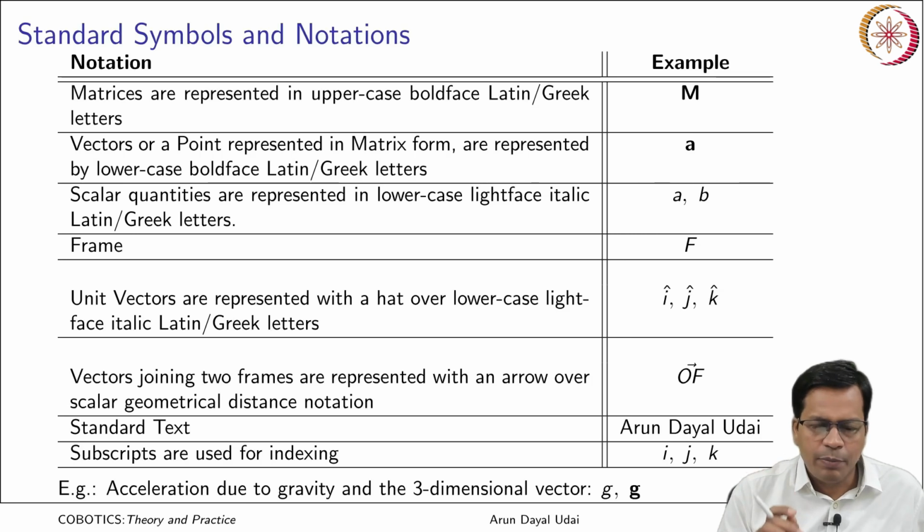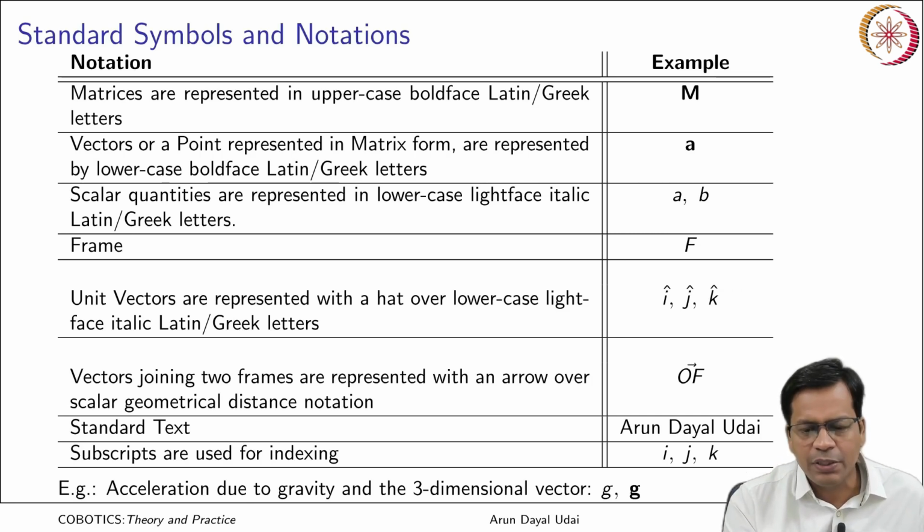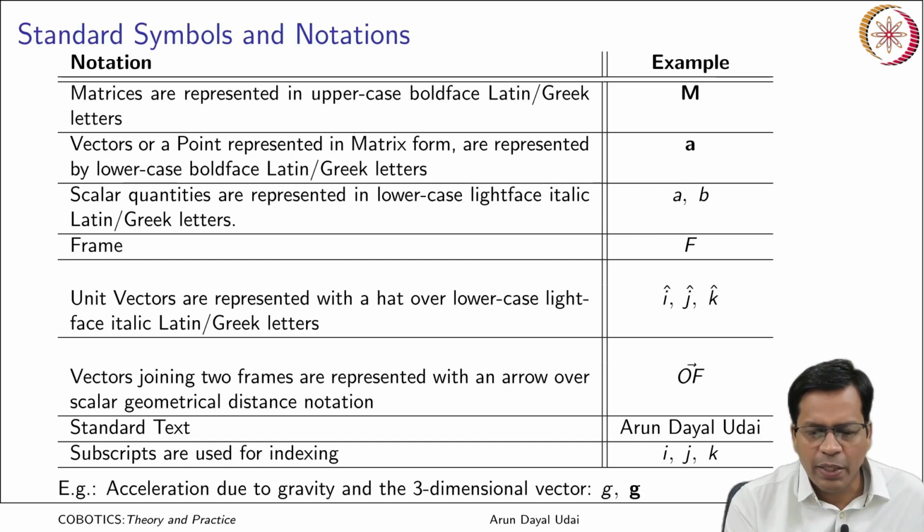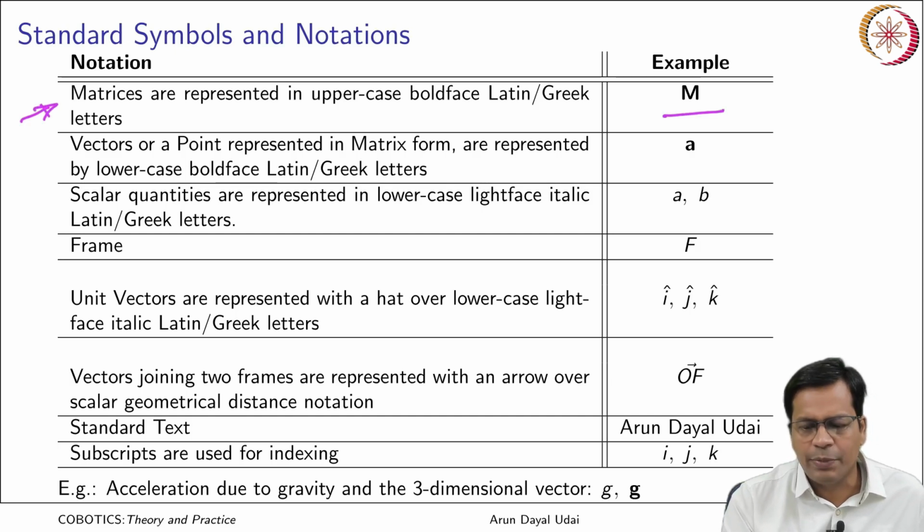What is that? Before we actually move in, let us formalize the standard symbols and notations that I will be using throughout my lecture from now on. Matrices will be represented using bold capital letters. Vectors, or any point represented in matrix form, are represented using lowercase boldface Latin or Greek letters like this. Scalars like this.